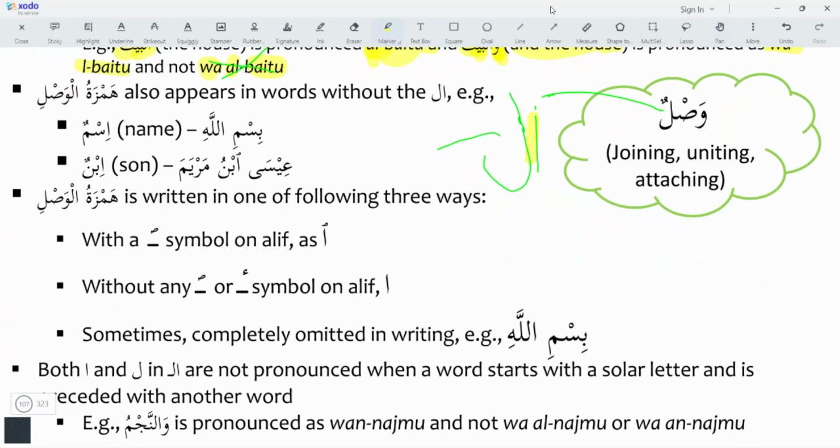Hamzatul Wasal also appears in words without alif and lam.